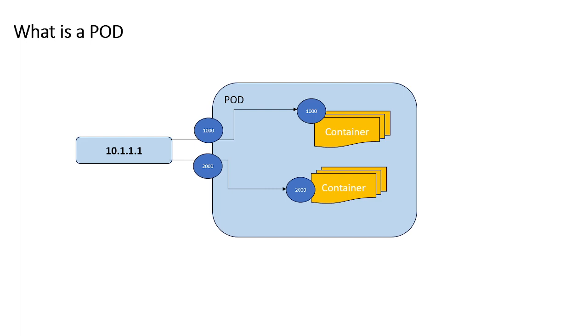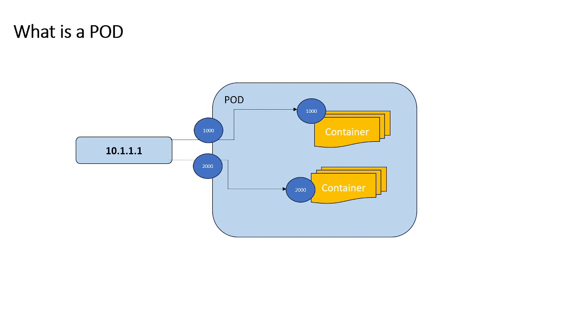So in a given pod, I can have two containers working on two different ports, and then you can communicate with the application running inside that container.